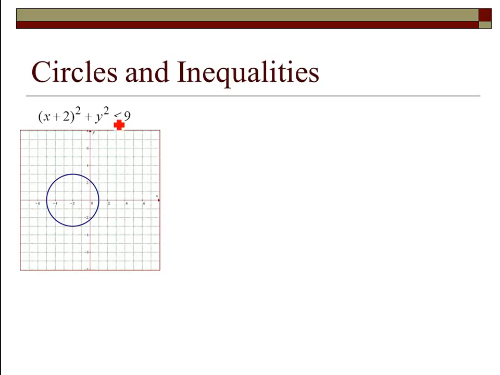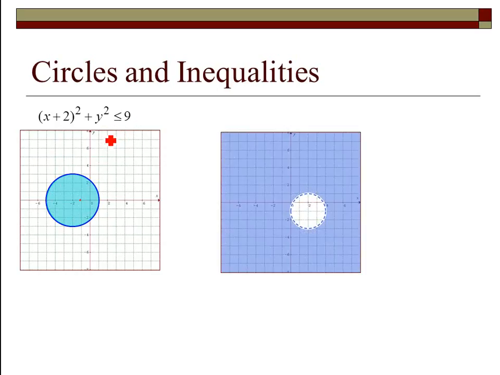I have the equals, so it's solid. I can't use above and below here, but it's more about inside and outside. This is less than or equal to 3 squared. That's my radius. So if I'm shading everything that has a radius that's less than 3, it's on the inside. So a less than will mean I shade the inside of the circle. A greater than, I'll shade the outside.